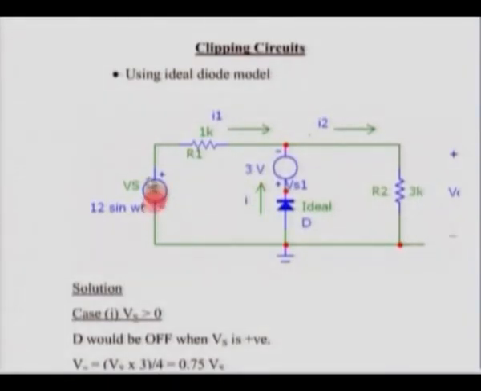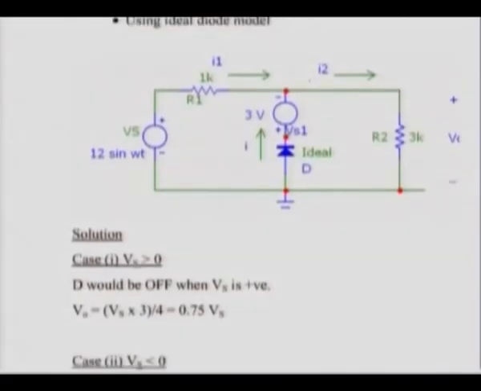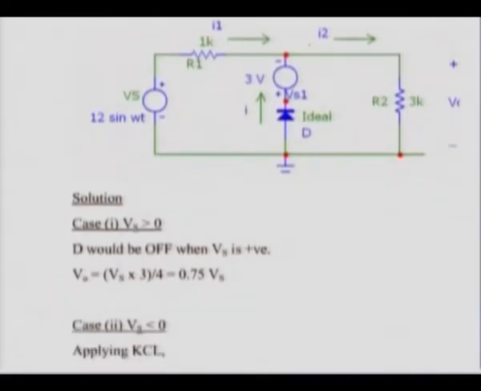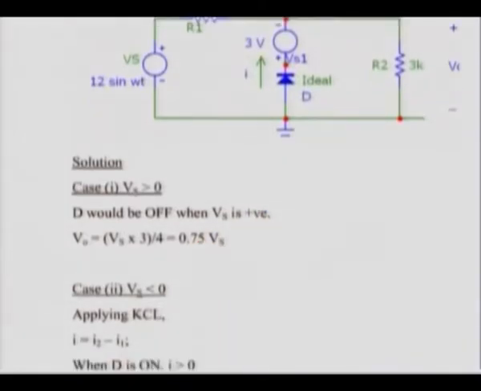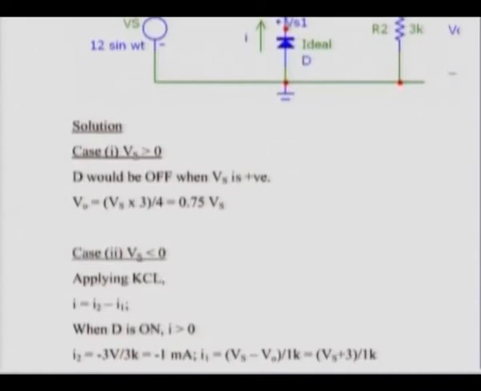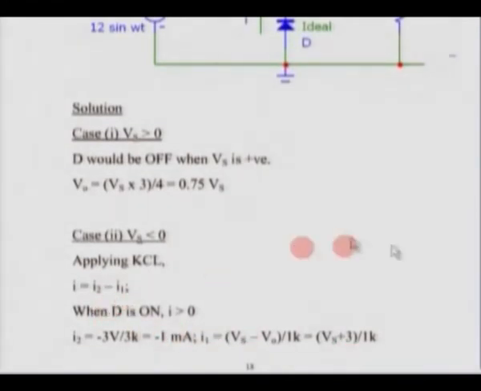We know that for Vs positive, the diode cannot conduct. Therefore the output, in this particular case, would be 0.75 Vs.